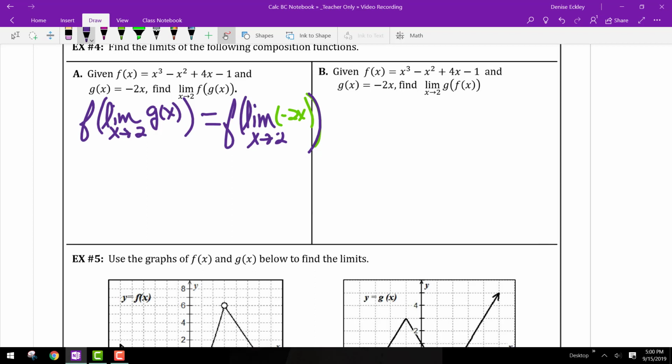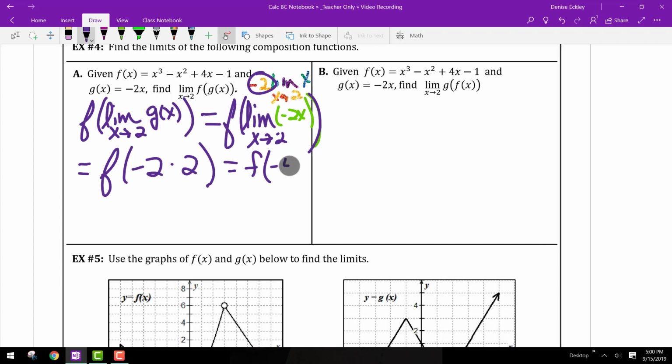And rewriting this part would give us negative 2 times the limit as x approaches 2 of x. And that's our identity. So that would just give us 2. So this limit now becomes f of negative 2, this constant, times the limit of the identity, which would be 2. So what we have to find is f of negative 4.